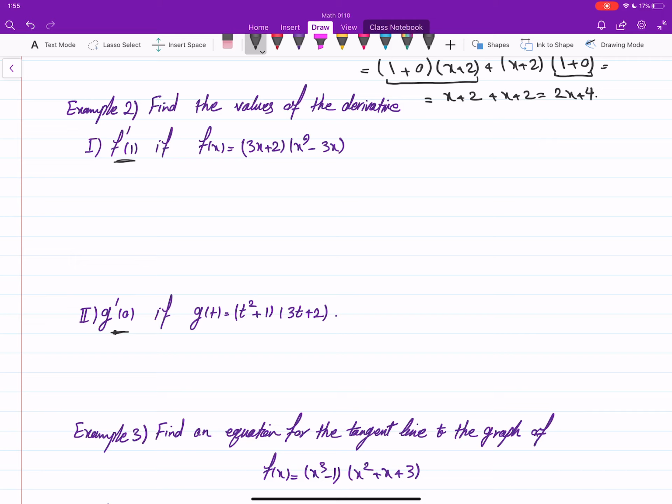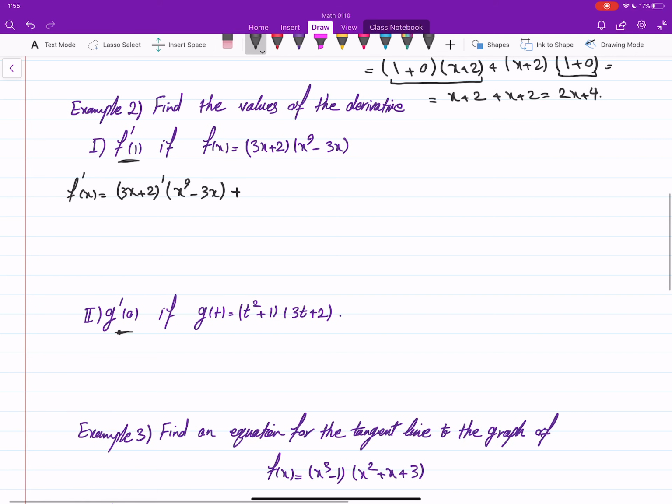So we have to start with f prime of x. This is product rule: derivative of the first one times the second one plus the first one times the derivative of the second one.